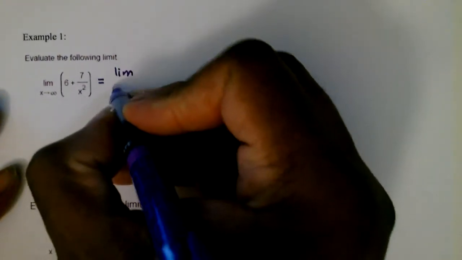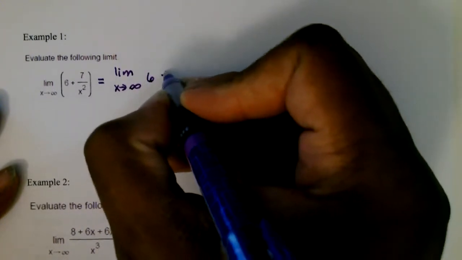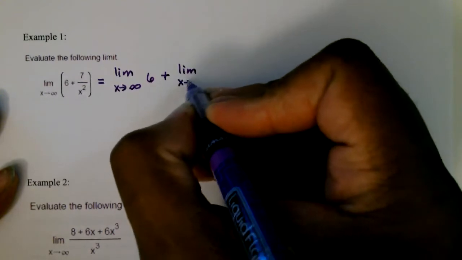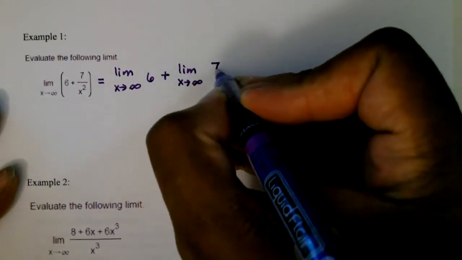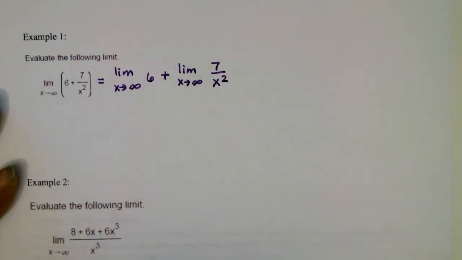I can write that as the sum of their individual limits. So I can write this as the limit as x approaches infinity of 6 plus the limit as x approaches infinity of 7 over x squared.